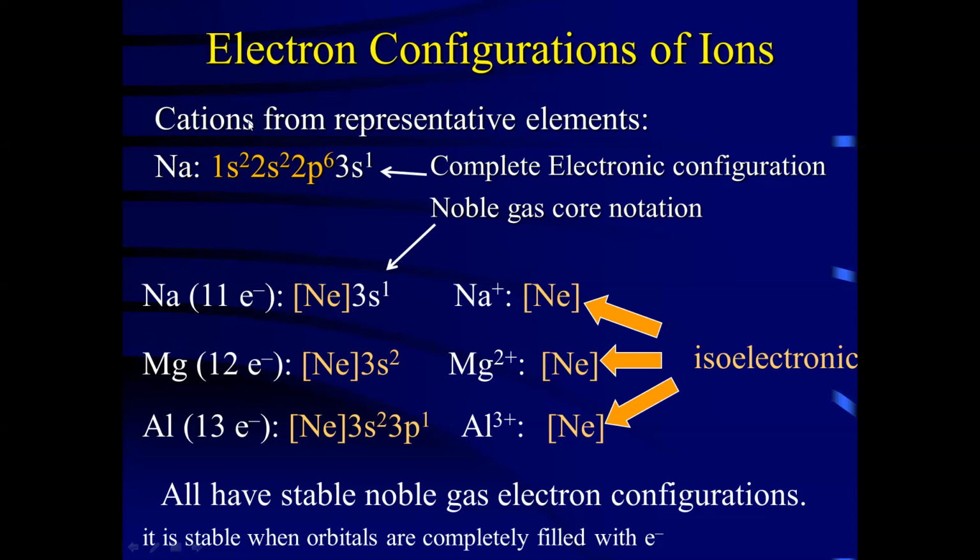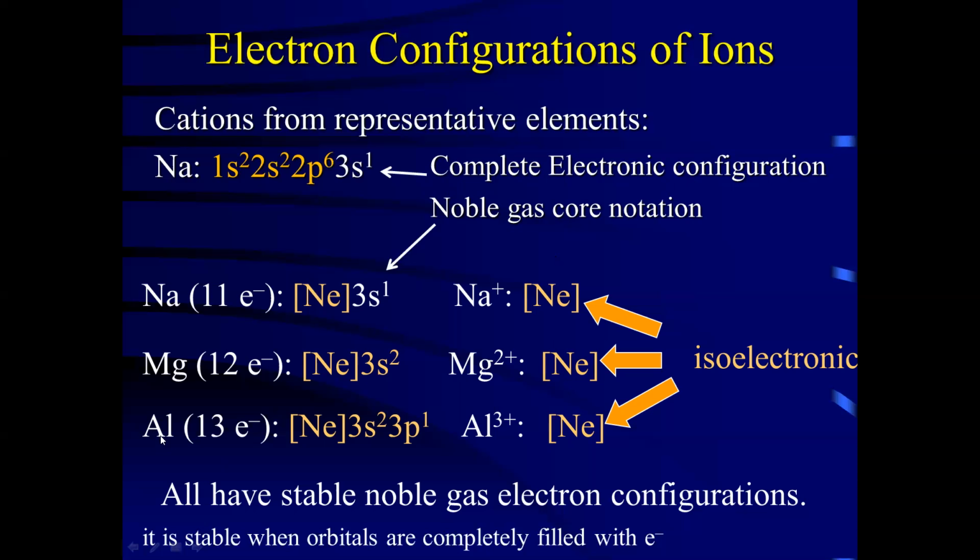Then the 10 electrons will have the exact same electron configuration as neon. This is why the magnesium ion's noble gas core notation can be written this way.